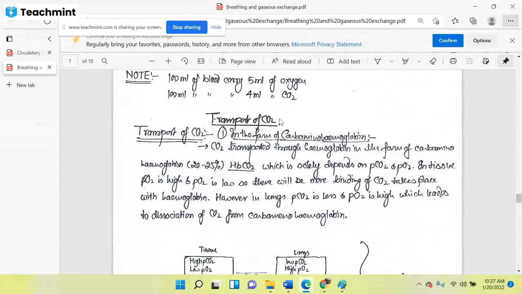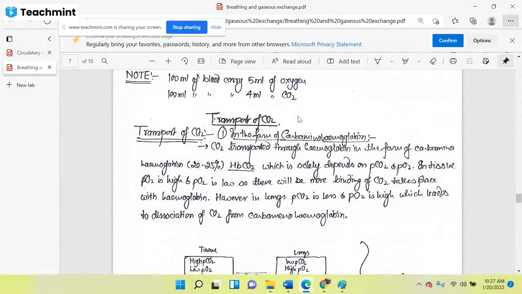So we will see one by one all these three ways of the transportation of carbon dioxide. First we'll discuss the heading here, in the form of carbaminohemoglobin. I told you when hemoglobin binds with oxygen, it is called oxyhemoglobin. And here, when the same hemoglobin binds with carbon dioxide, it is called carbaminohemoglobin.